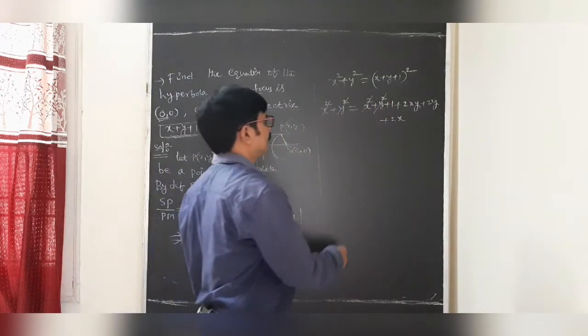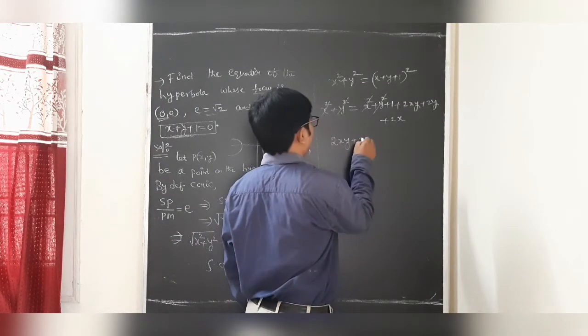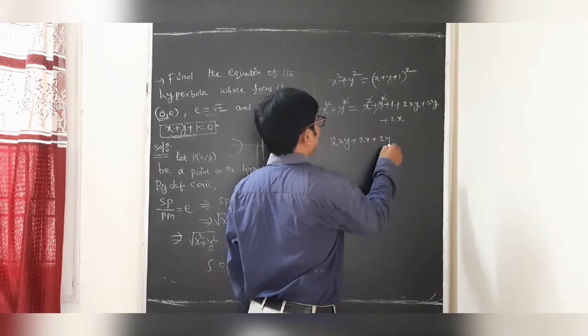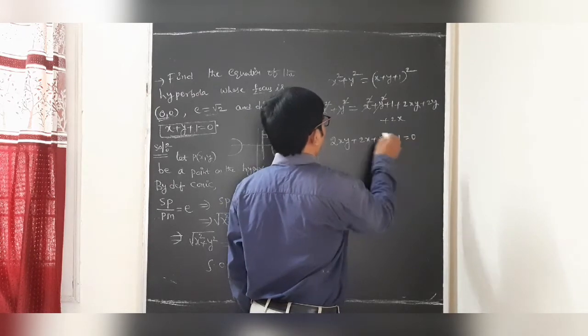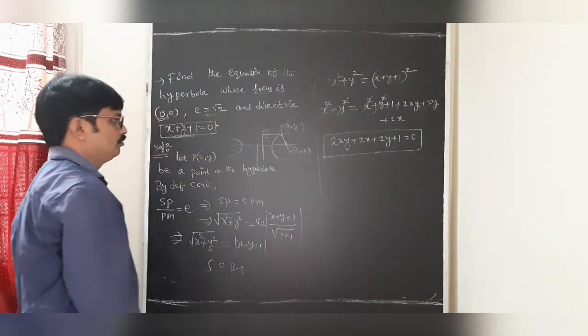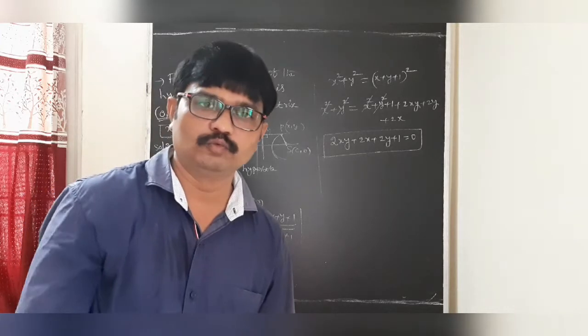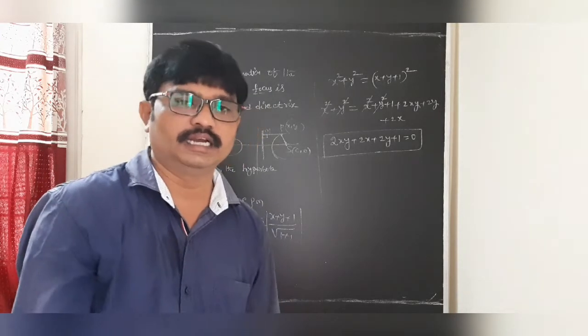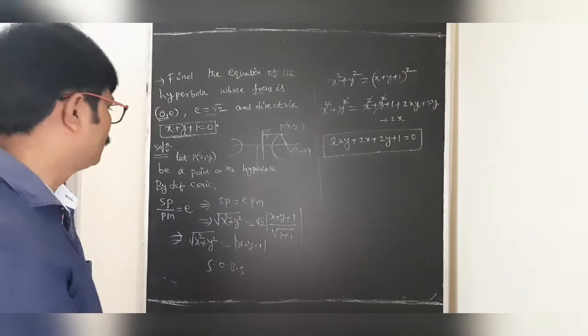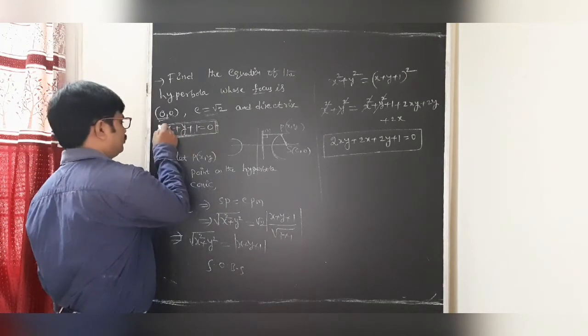So this is 2xy plus 2x plus 2y plus 1 equal to 0, which is the equation of the hyperbola whose focus is the origin, eccentricity is root 2, and the directrix is x plus y plus 1 equal to 0.